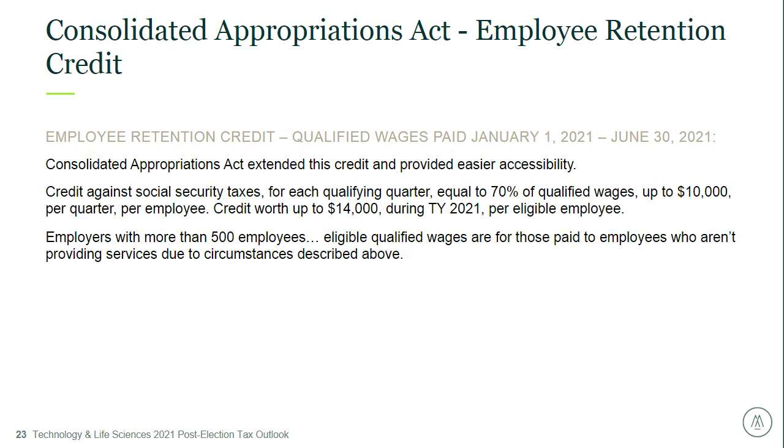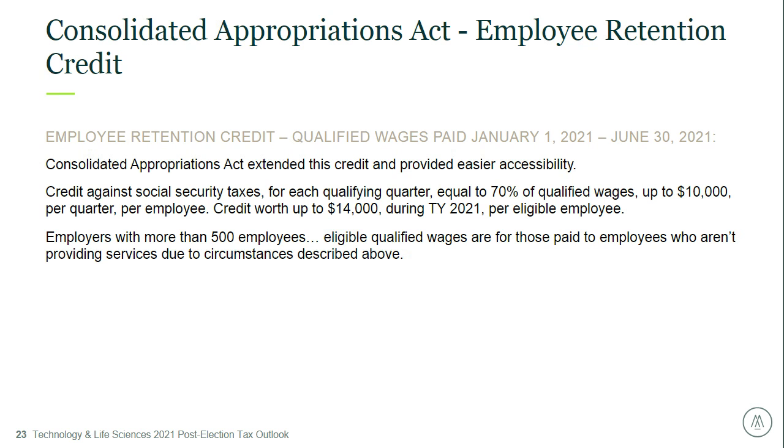So again, for qualified wages now paid from January 1st, 2021 to June 30th, 2021, you've got a credit against Social Security taxes for each qualifying quarter, but now it's equal to 70% of qualified wages up to $10,000 per quarter per employee. So it's now actually worth up to $14,000 during taxable year 2021 per eligible employee.